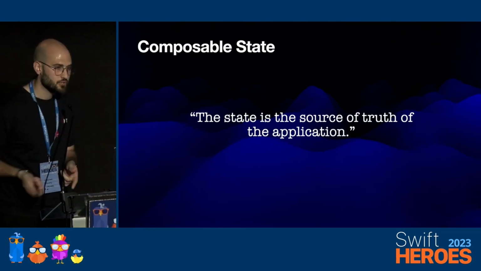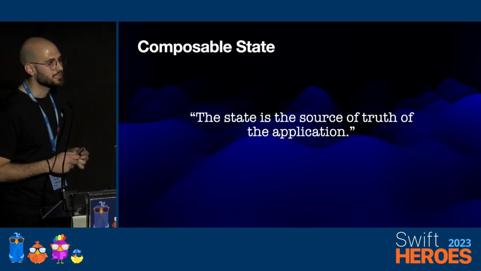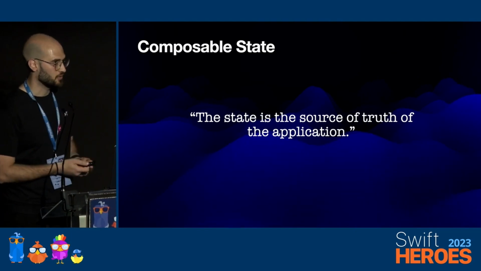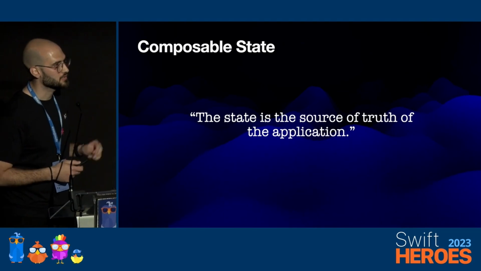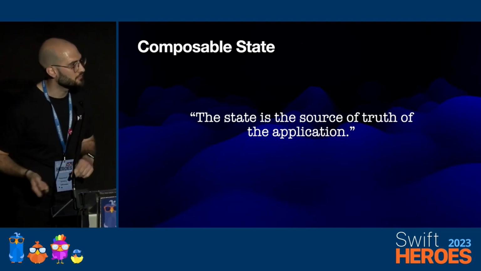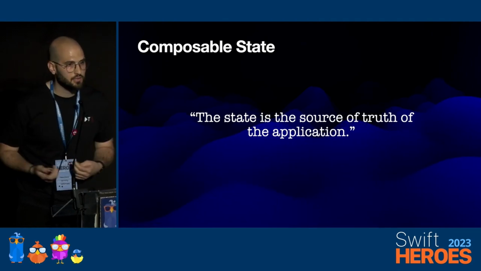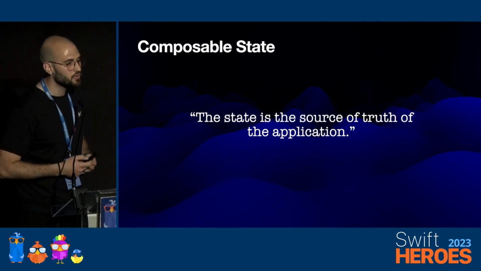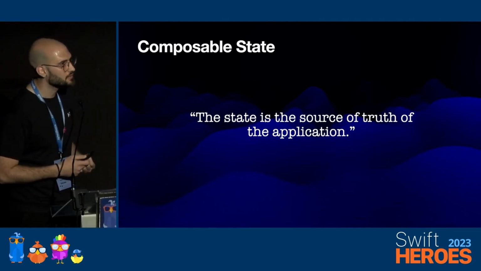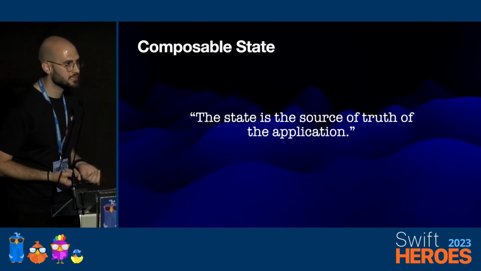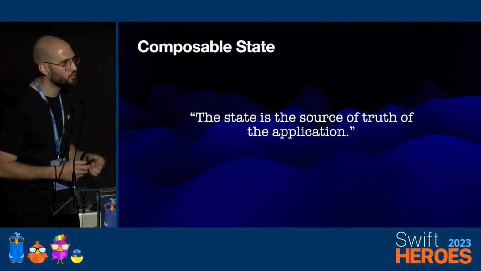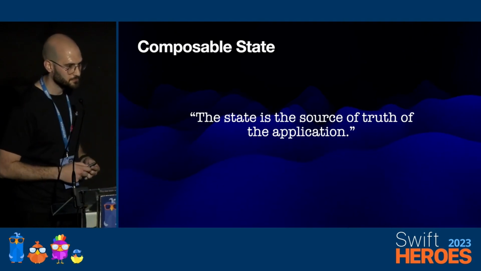As Enzo said before, the state is the source of truth of our application. And keeping in mind this concept and trying to achieve the modularity wish that we have, we tried to design something that could be seen as a composition of states of all the modules that we can have inside our app.